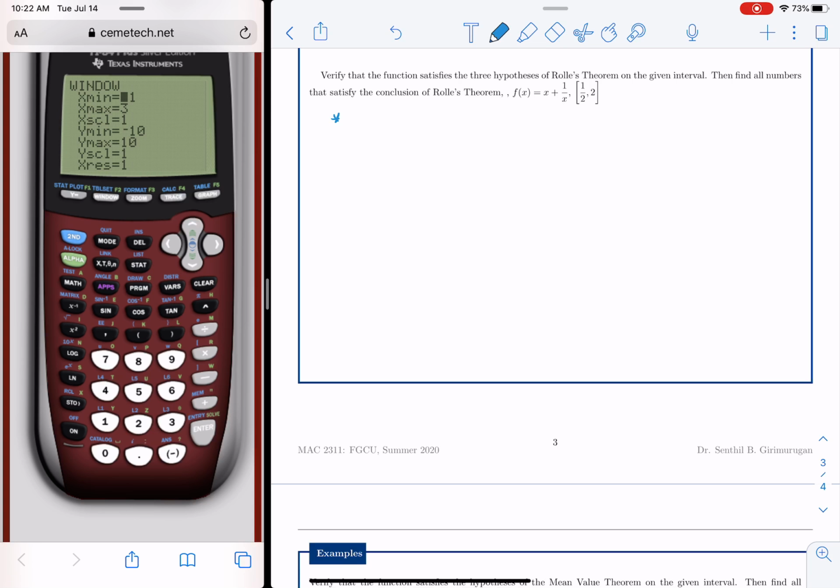Change the window, graph, and that's what it looks like. And you say, oh well, maybe Rolle's theorem may not be satisfied in this problem because it doesn't look like there is a dip. So let's see what happens. Clearly it is continuous.